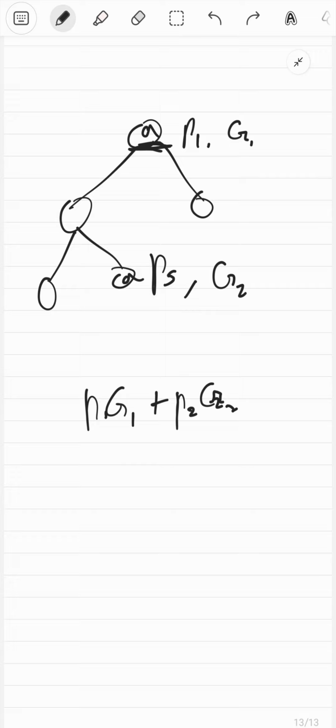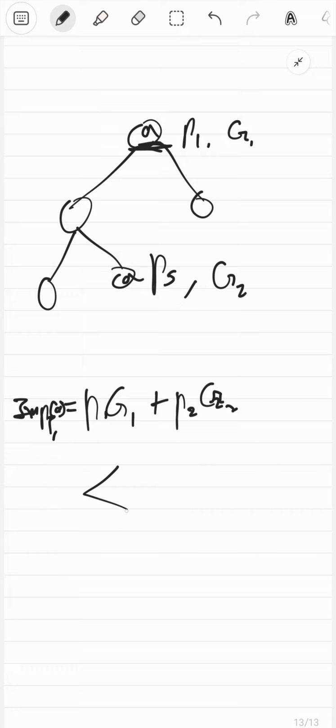Now for multiple decision trees, which is basically what an ensemble is, or a random forest, the feature importance is just the mean of this quantity. So say this is the importance of a in tree t1.